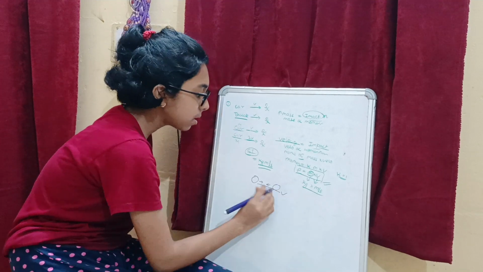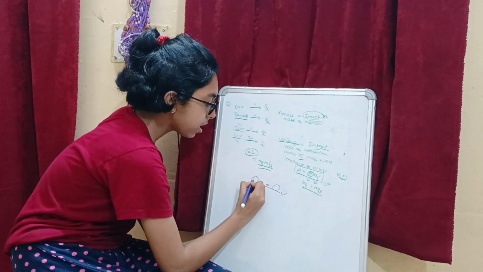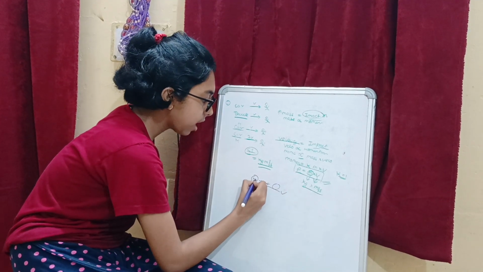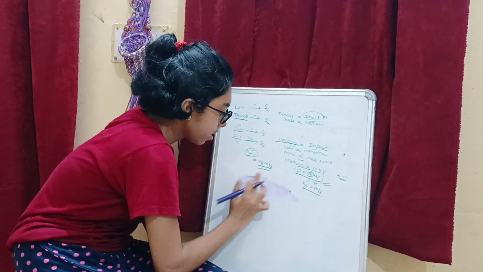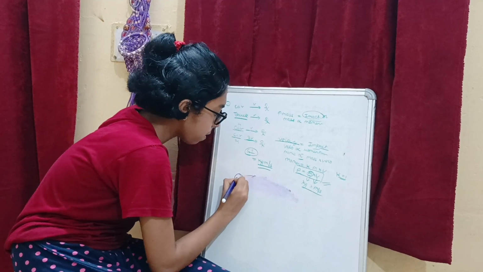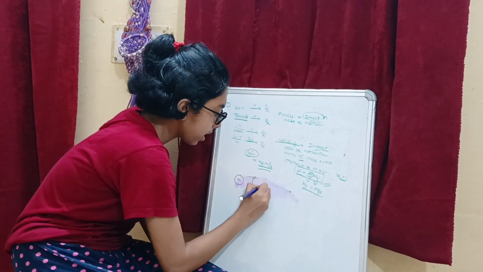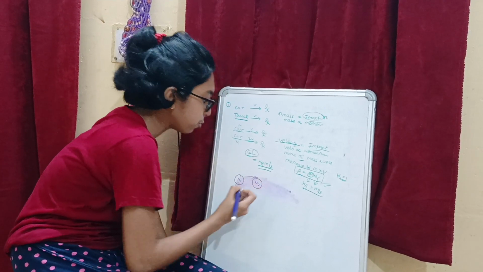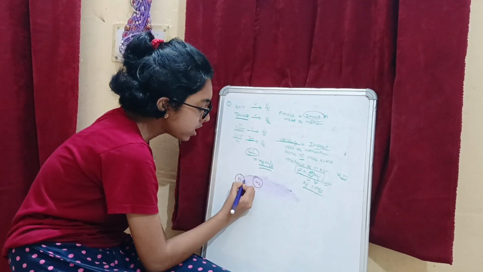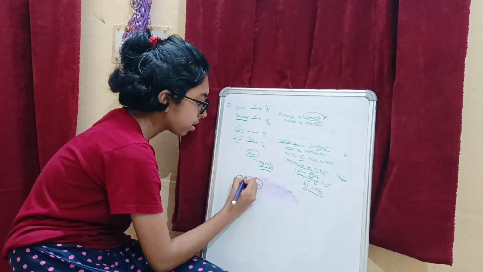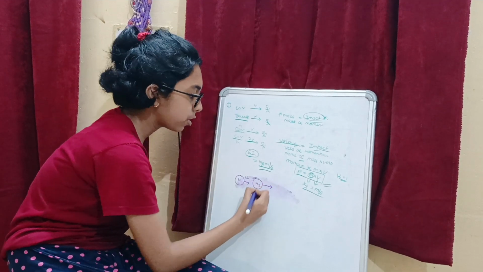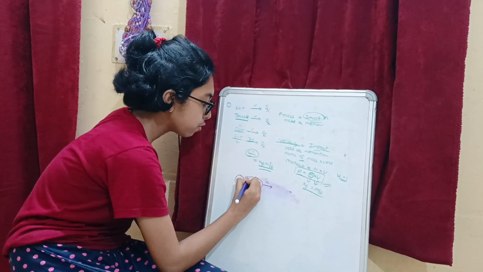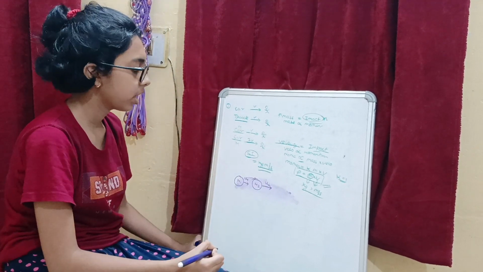So let's suppose this is an object of mass m1 and this is an object of mass m2. m1 is moving with an initial velocity u1 and m2 is moving with initial velocity u2.